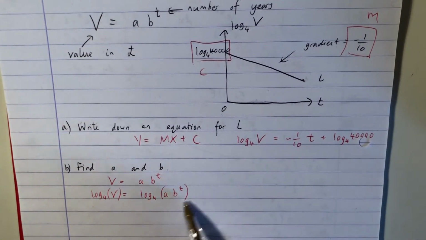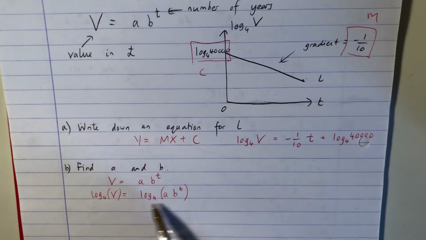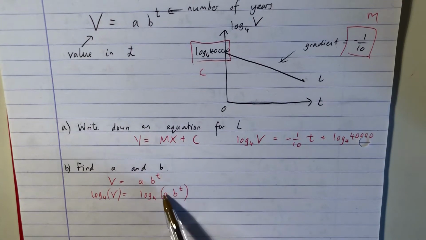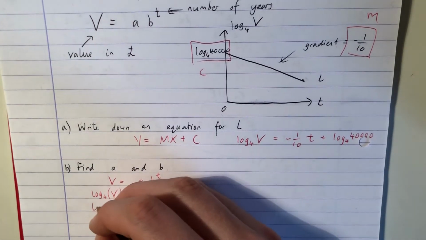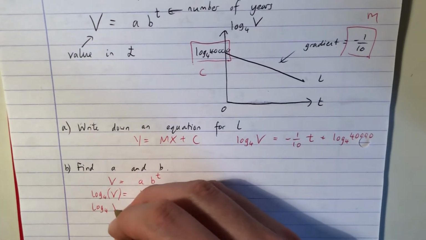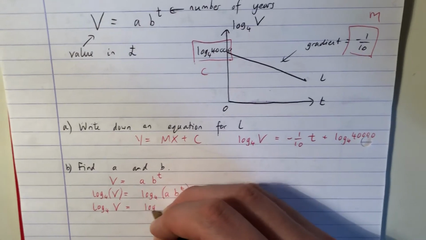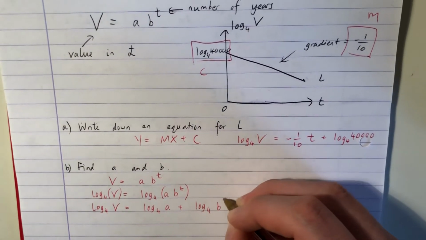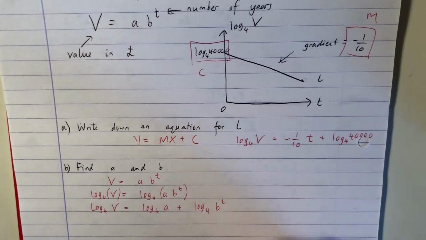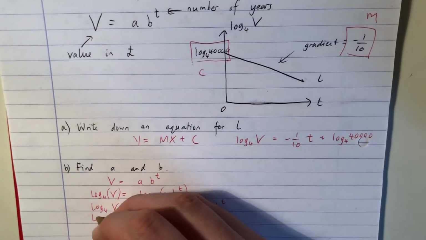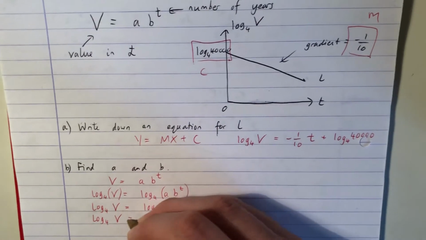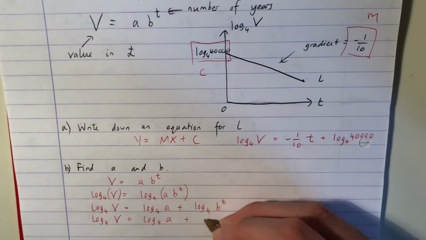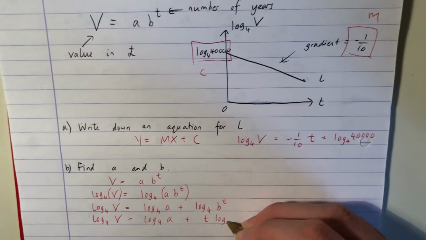You have to use the multiplication rule first to split this up, because only the b is to the power of t, not the a as well. So this is the same as log base 4 v equals log base 4 a plus log base 4 b to the power of t, and then use the power rule. Log base 4 v is equal to log base 4 a plus t log base 4 b.